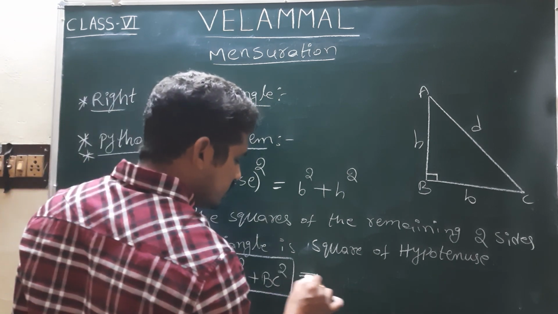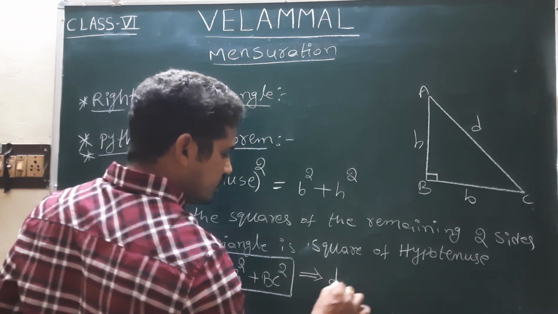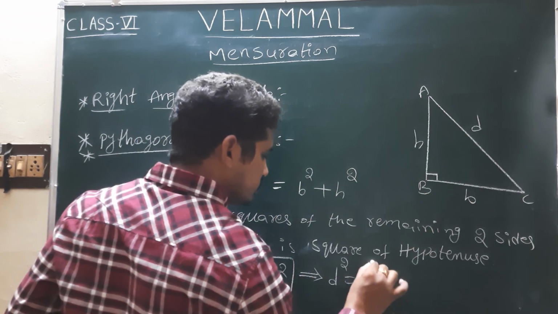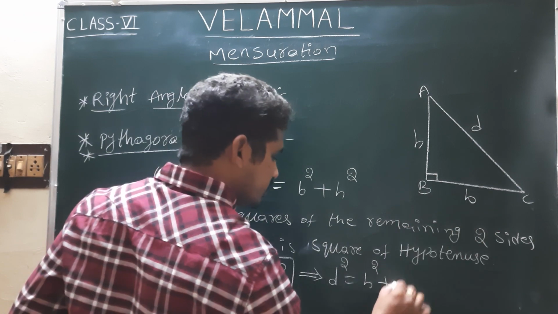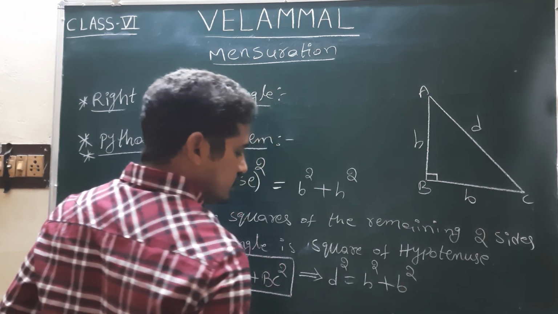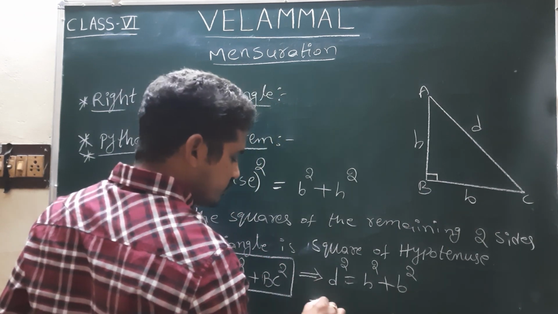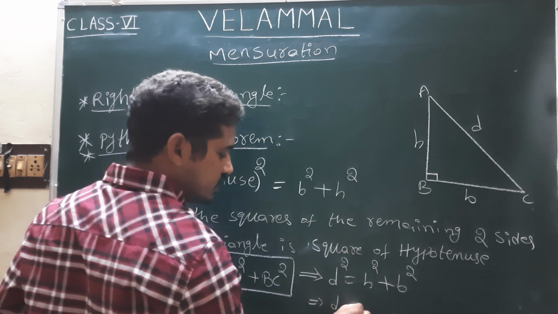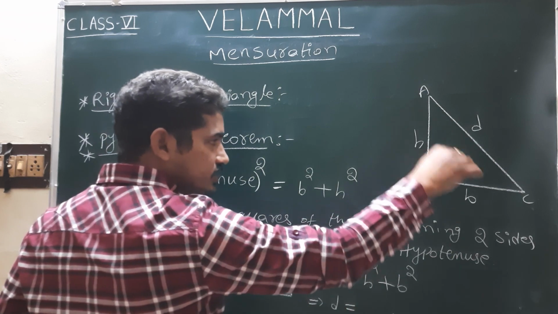So in this we can clearly remember that D square is equal to AB square, which is nothing but H square, plus BC square, which is nothing but B square. If we remove the square on this side, it will come in the next chapters. So D is equal to only the hypotenuse value.